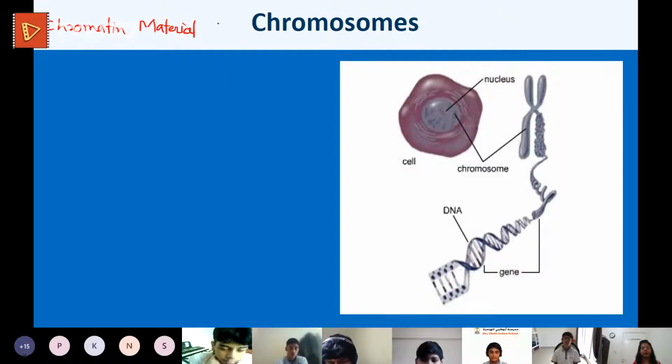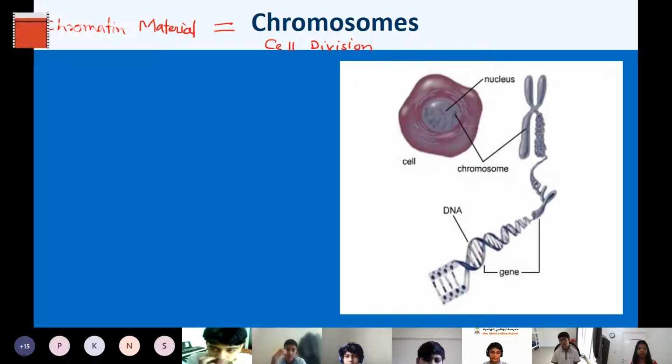Actually, chromatin material and chromosome are exactly the same thing. The only difference is that during cell division, chromatin material condenses, becomes shorter and thicker. Then it is called a chromosome. So chromatin material and chromosomes are the same thing. During cell division it is called a chromosome because it condenses, and the study of chromosomes at that time is more convenient because it is easily visible.